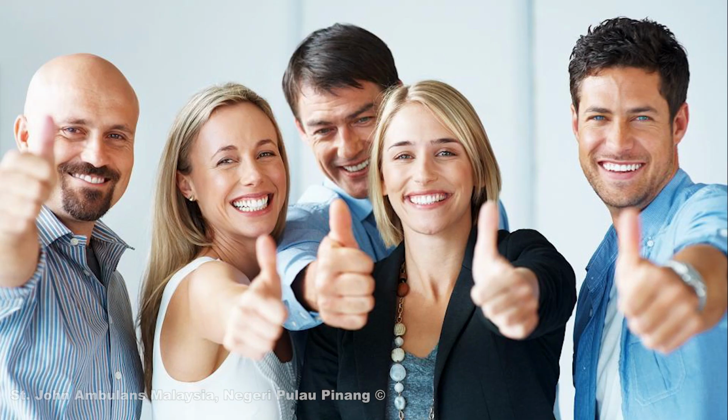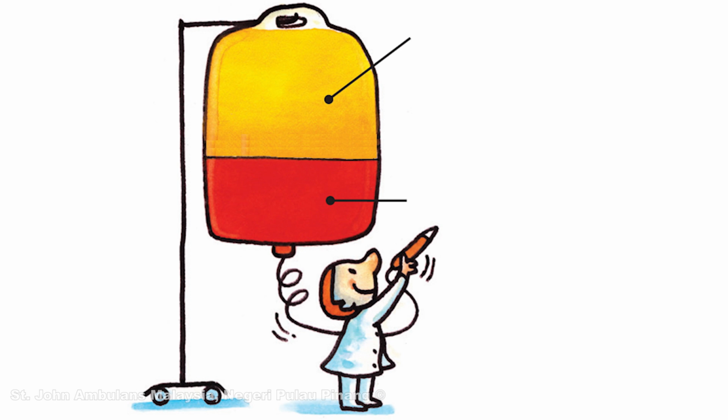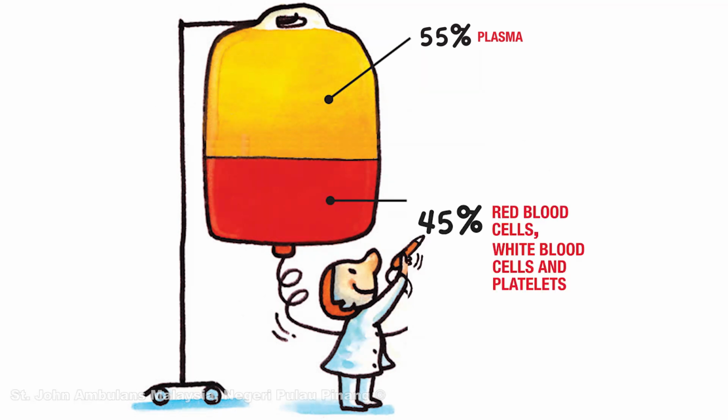Now, let us discuss in more detail about blood and its composition. A normal adult-sized human will have roughly 6 liters of blood. Of the 6 liters of blood, 55% will be yellowish fluid, which is plasma, whereas another 45% will consist of red blood cells, white blood cells and platelets.